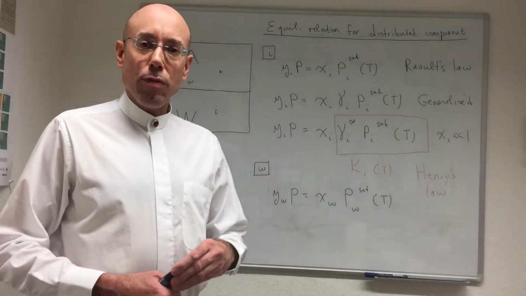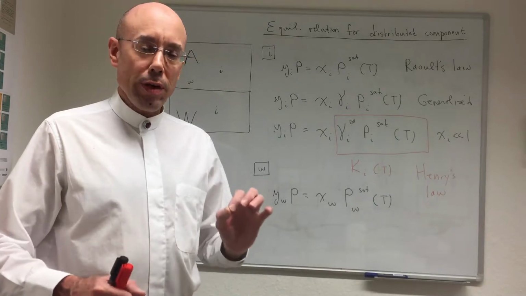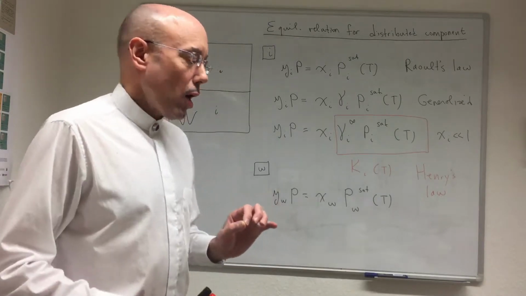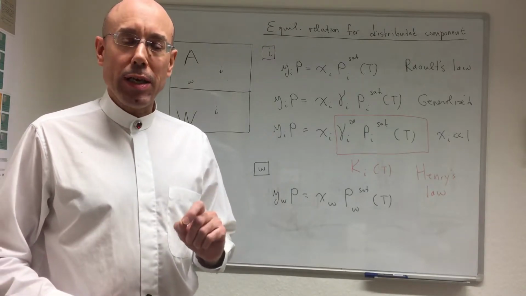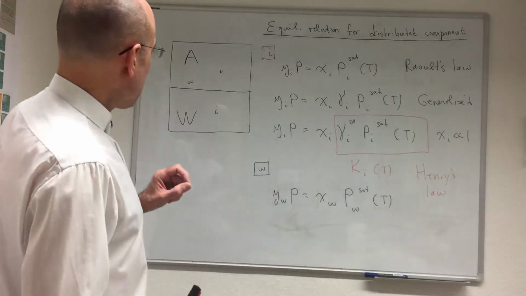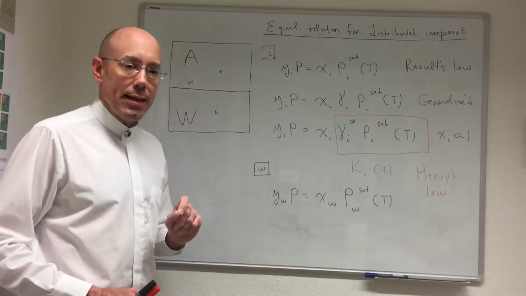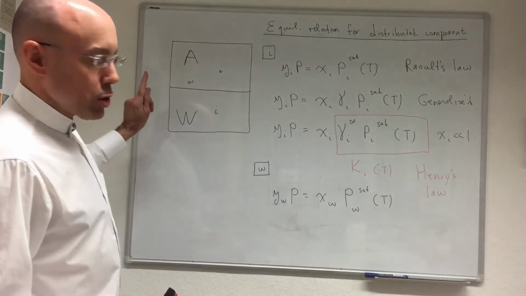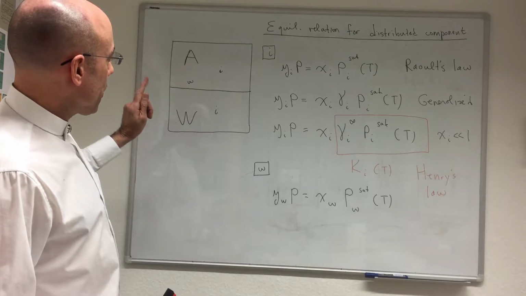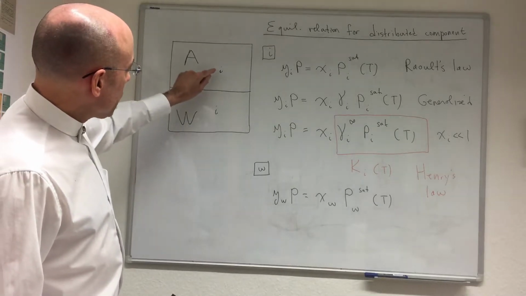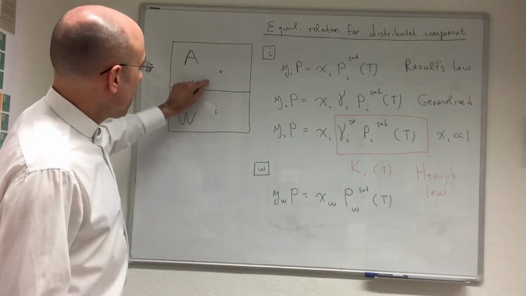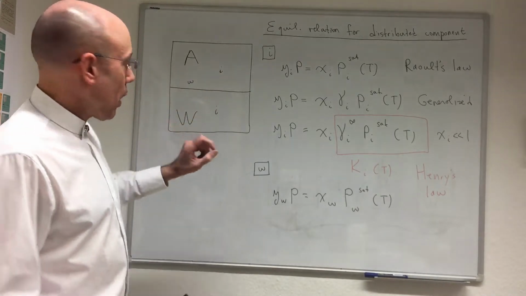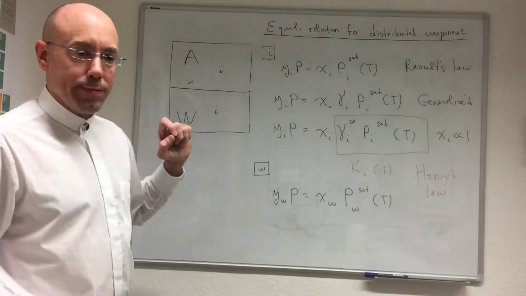Before going any further, we need to go over a bit of theory, which is kind of review on what it means to have equilibrium between the gas phase and the liquid phase. So here I've drawn the more complicated after picture that we're going to deal with, where we, in addition to having I, ammonia say, present in both the gas phase and the liquid phase, also allow for some evaporation of water.